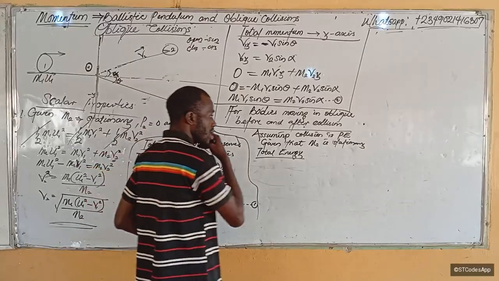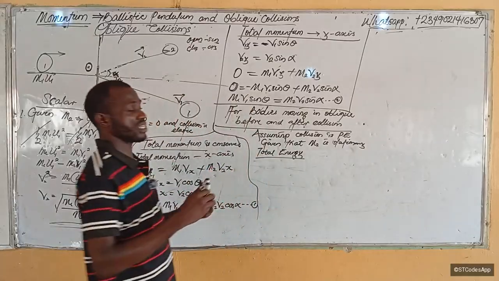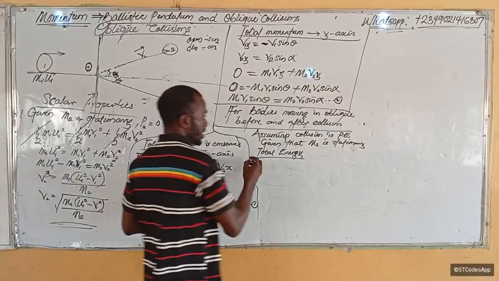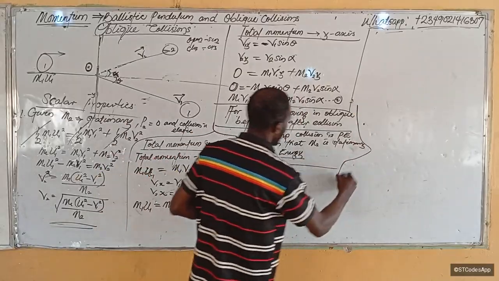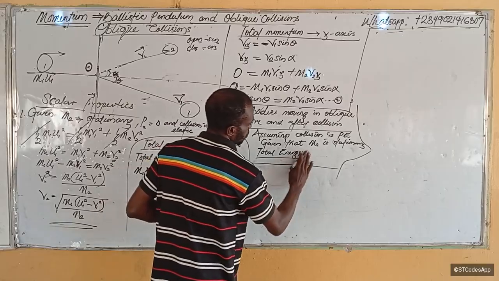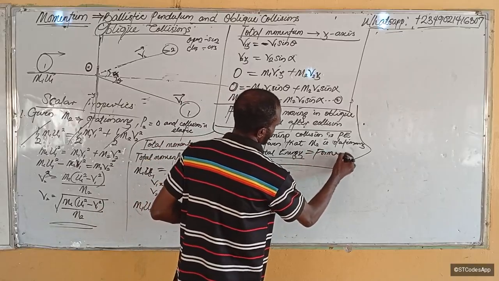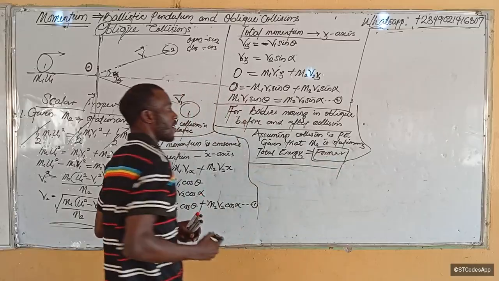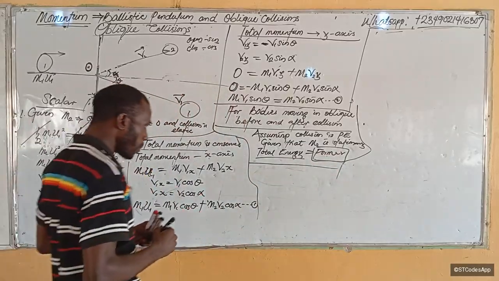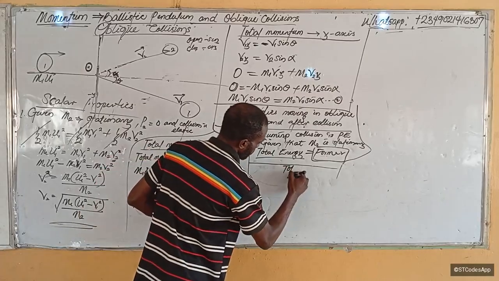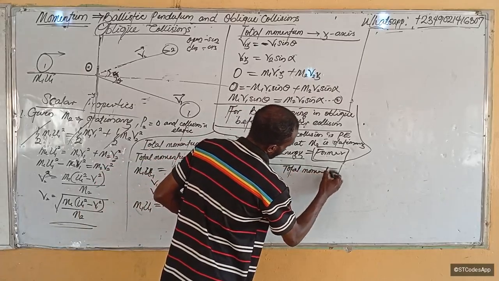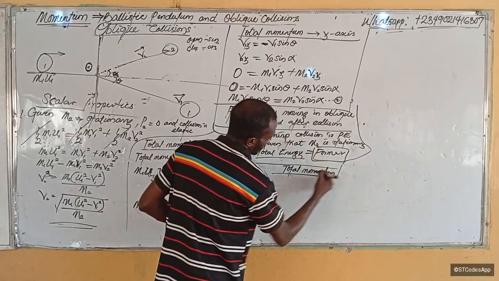But when both bodies are moving from oblique positions before and after collision, what will be equal to former? Now, what will be the momentum? Total momentum now. We also resolve in both axes.